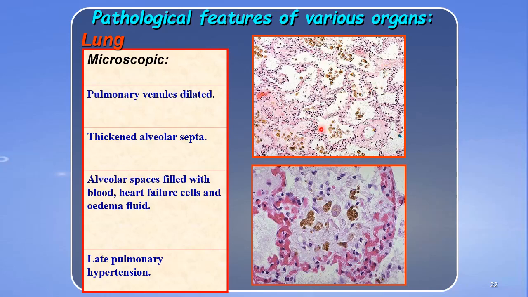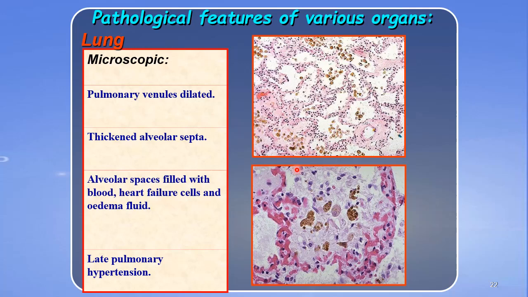These are the alveolar spaces, which contain red blood cells due to microhemorrhages, and also contain edema fluid from increased hydrostatic pressure.